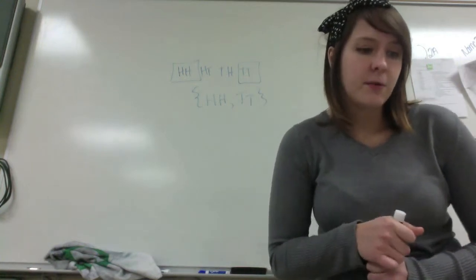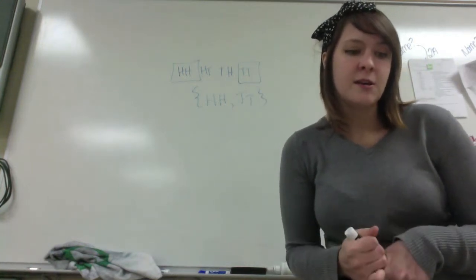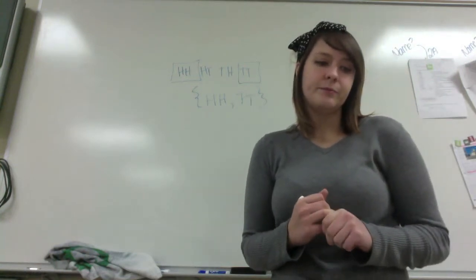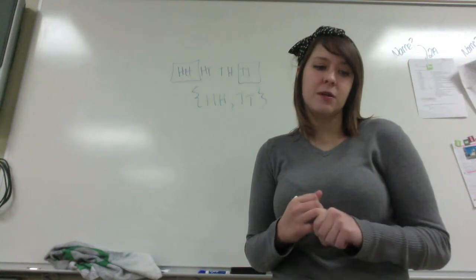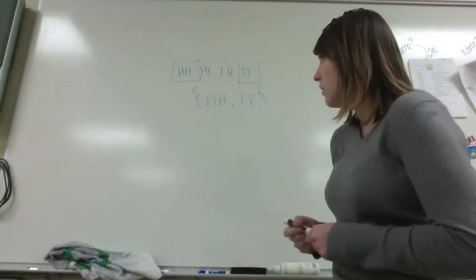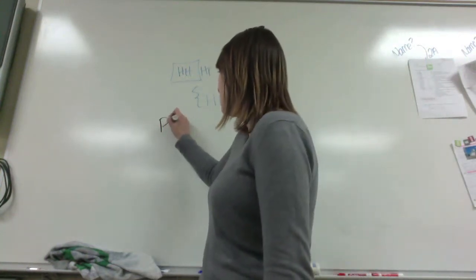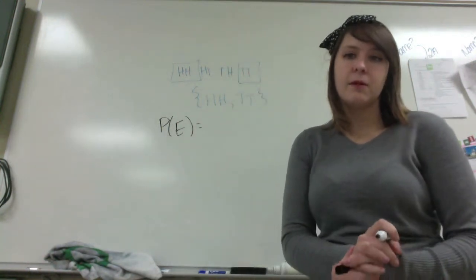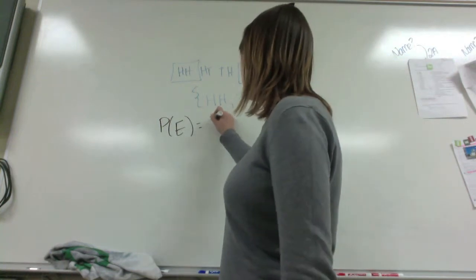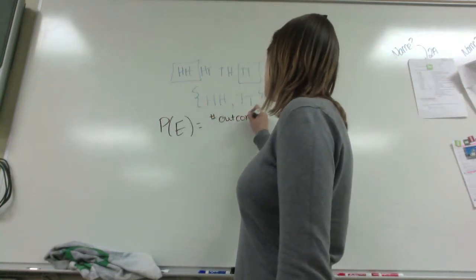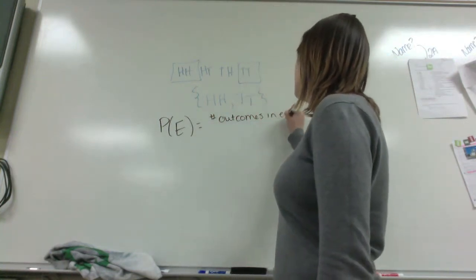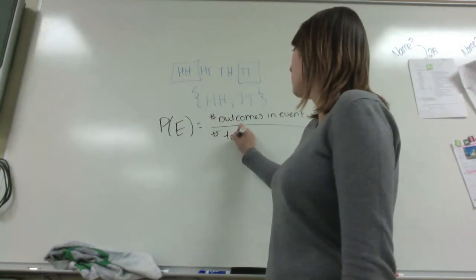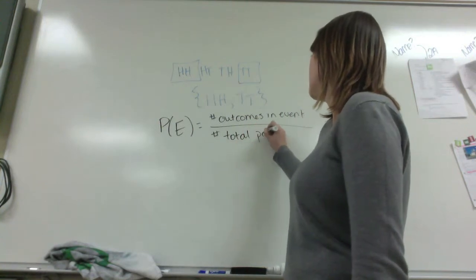All right, next up we've got probability of an event. P of E is a number from 0 to 1 that measures the likelihood an event will occur. They can be written as decimals, fractions, and percentages. So our probability of an event is going to be the number of outcomes in the event over the number of total possible outcomes.